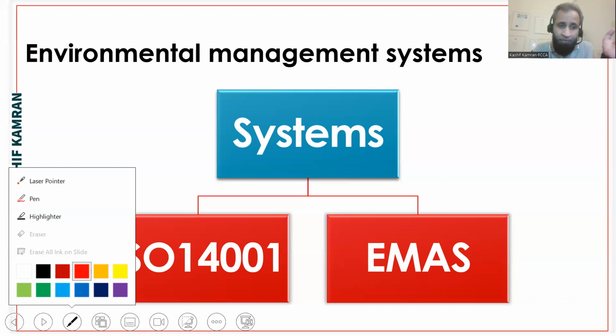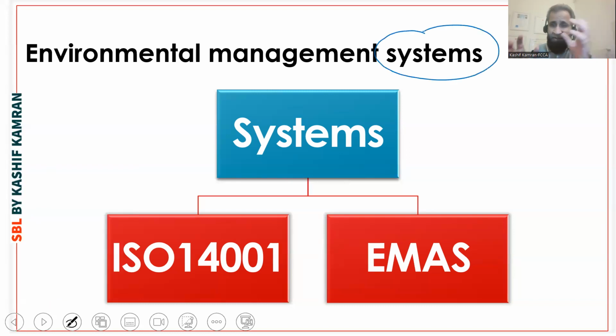You're all very familiar with this term system. Anything which becomes part of a system, that's more like your standard operating procedure, that basically becomes part and parcel of the everyday affairs of the organization. And when something is in the form of a system, you can check your performance against it, you can monitor your performance against it, you can identify your weaknesses against it, and you can take corrective actions too.